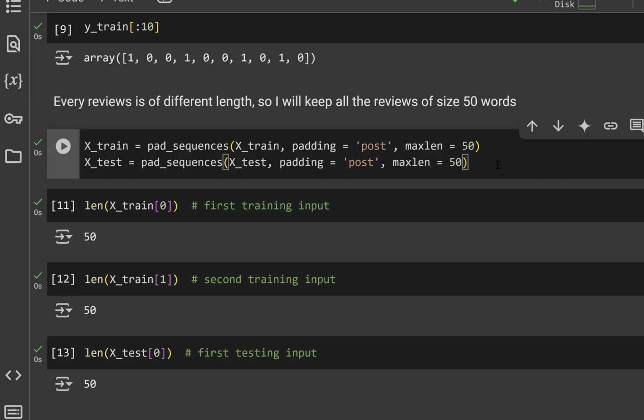So is it completely omitted? Yes, definitely it will be omitted. In that case, we should increase the length size, but we have limited memory capacity. So you can make it 80 or 100 words. I'm just trying to highlight it here.